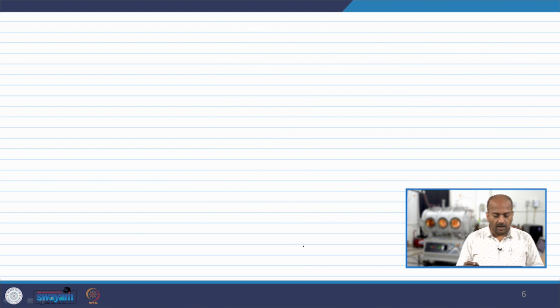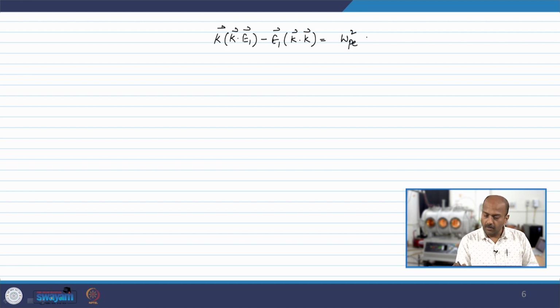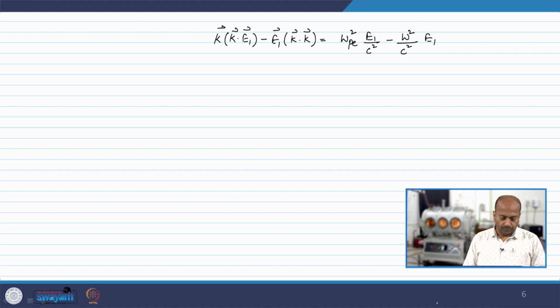Or we can slightly modify the equation as k times k dot E1 minus E1 times k dot k is equal to omega p e square times E1 by c square minus omega square by c square E1, which is equal to omega p e square minus omega square by c square multiplied by E1.